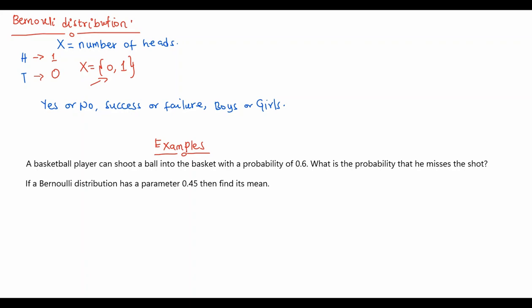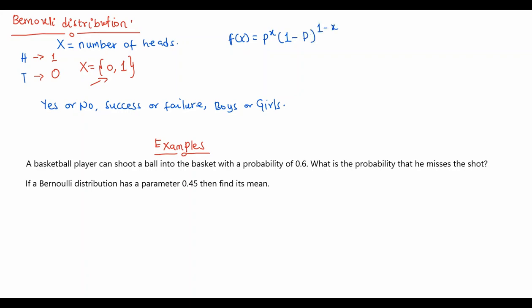Bernoulli says that if we have this kind of random variable, which we get from a binary experiment, then we can find the probability mass function, which tells us the distribution of probability to the random variable, as f of x equals p to the power x multiplied by 1 minus p to the power 1 minus x.